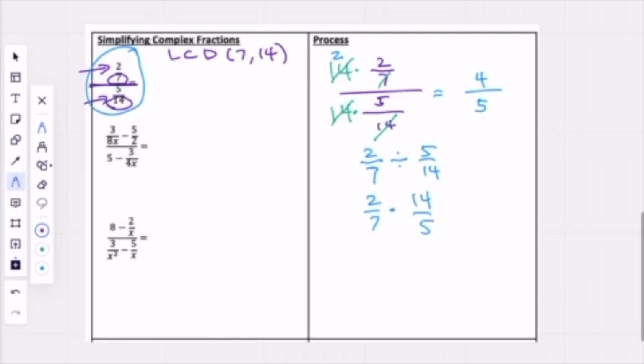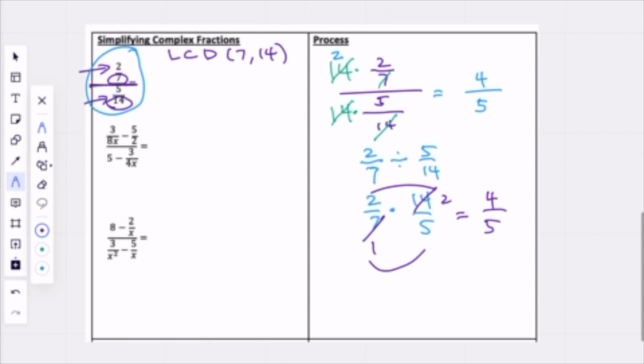Just like we did before, we can notice that the 7 and the 14 simplify to the same as 2 over 1. Then if I multiply that through, I've got 2 times 2, which is 4, and 5 times 1 in the denominator is 5. Another way to get to the same answer.